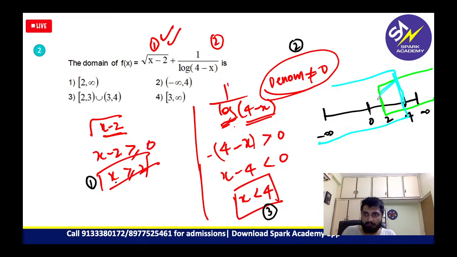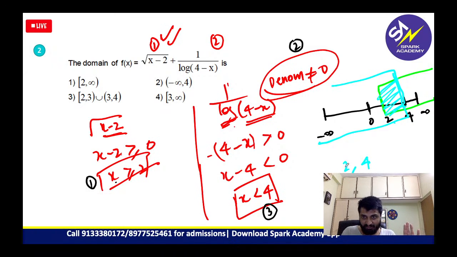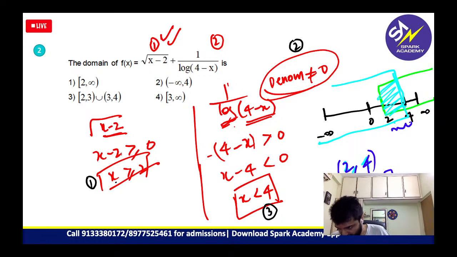So which is the common interval basically? Between 2 and 4. Now you have to check whether it is included, excluded, all of that we need to check. So between 2 and 4 is what we got. We don't know whether it is open or closed. So we have checked out these 1 and 3 conditions.